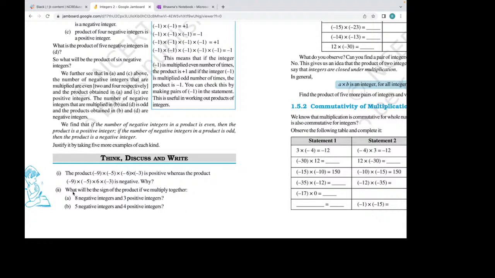Okay, now the second example is, what will be the sign of the product if we multiply together 8 negative integers and 3 positive integers? So 8 negative integers.